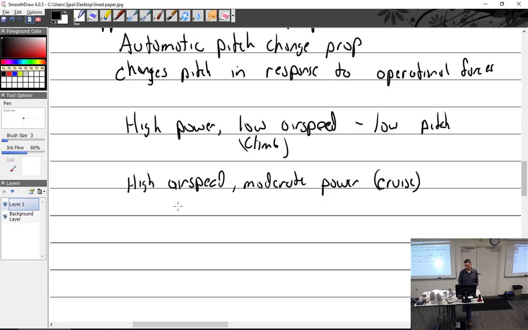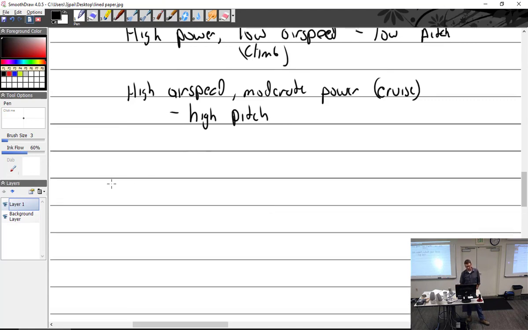Then what angle should the prop be in? Say again? High pitch, which is technically high blade angle. See, we're already off on our pitch tangents here. So high pitch. All right, pilot has no control or input.